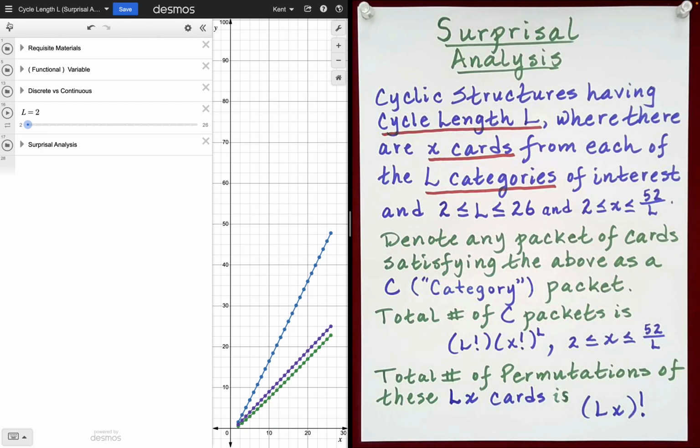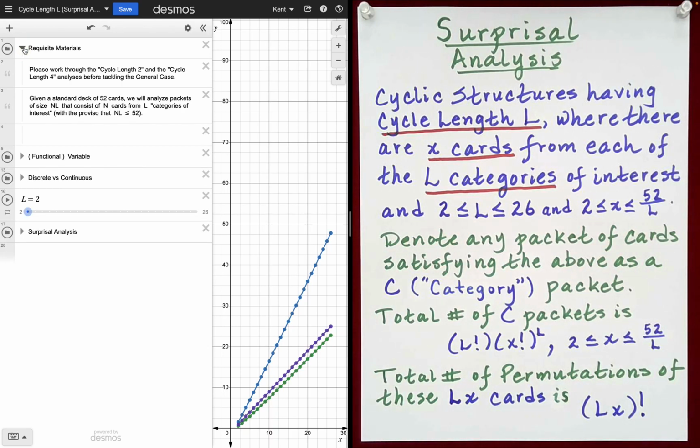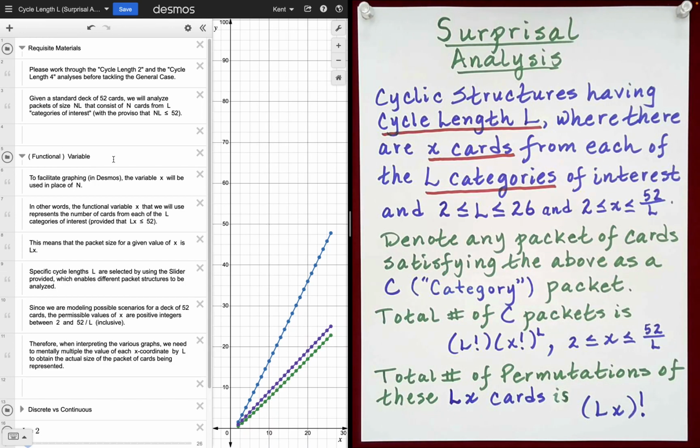So let's go ahead and start at the beginning. Given a standard deck of 52 cards, we will analyze packets of size n times L that consists of n cards from L categories of interest, with the proviso that n times L is less than or equal to 52. To facilitate graphing in Desmos, the variable x will be used in place of n.